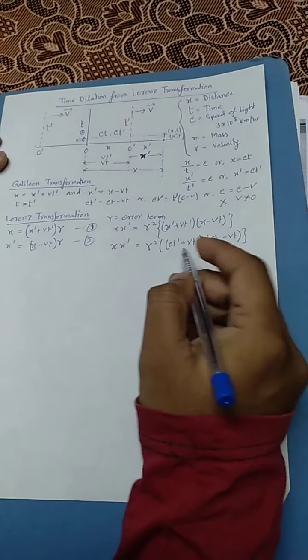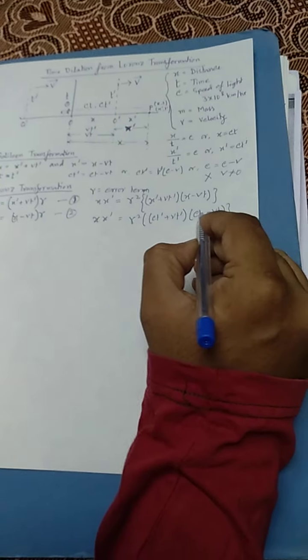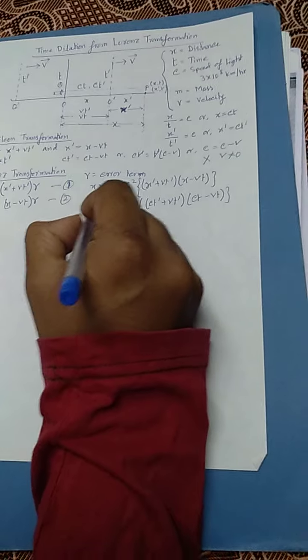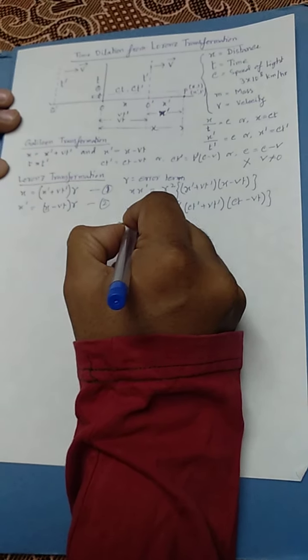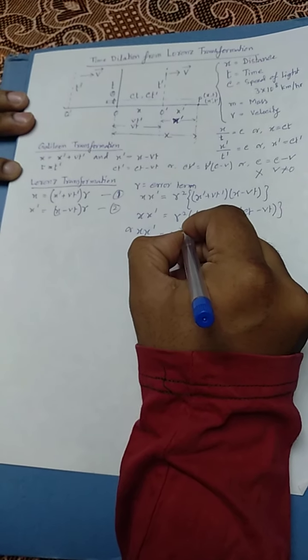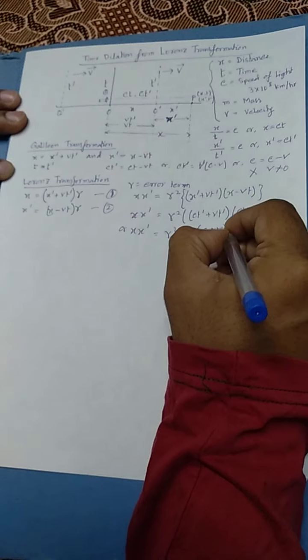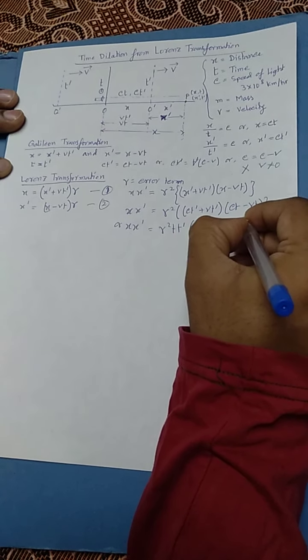So I can take t prime common, and t also I can take common. So we have x prime x equal to gamma squared t prime t into (c plus v) into (c minus v).